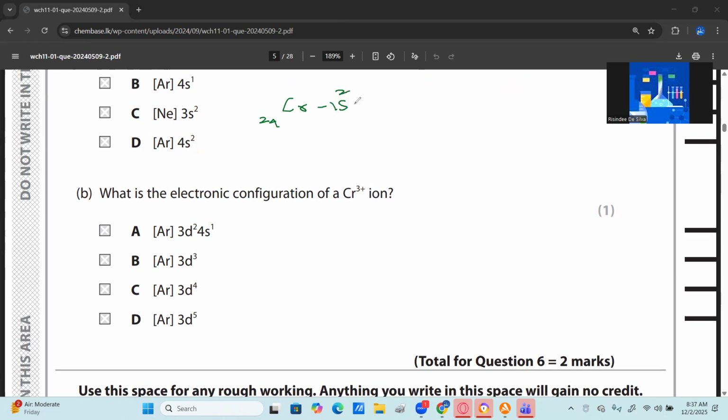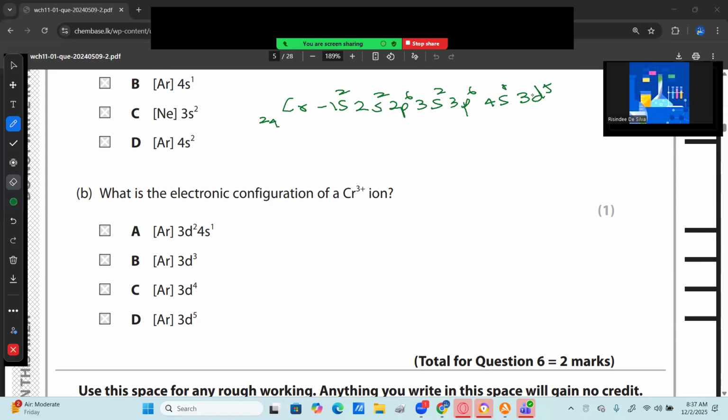When you write the electronic configuration: 1s2, 2s2, 2p6, 3s2, 3p6, 4s1 and 3d5. If I write the three orbitals together, I can write 3p6, 3d5 and 4s1.